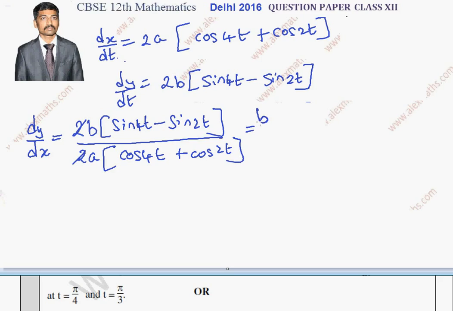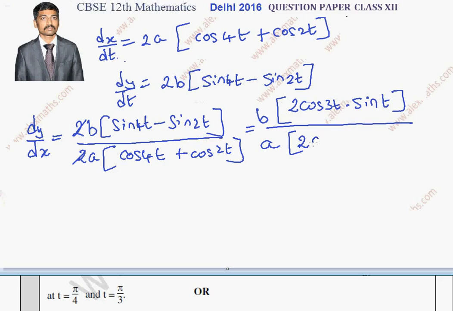We are going to apply the formula. This formula is 2 cos of c plus d by 2, so totally 3t, into sin of c minus d by 2, that is sin t alone I will get. Whole divided by a into, this is 2 cos 3t into cos t.